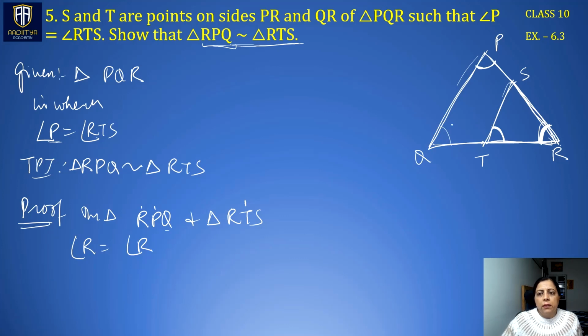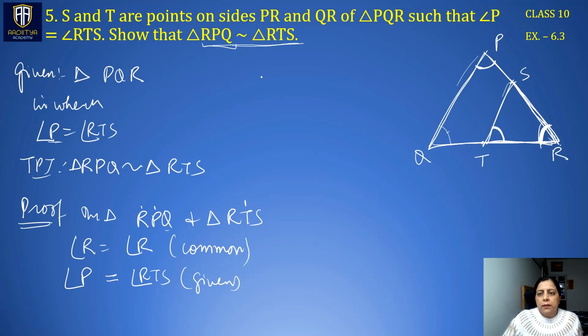We are not given anything about Q and S, so that we cannot say. But even if we are given two equal angles in two triangles, we can say that they are similar. So angle R is equal to angle R, and angle P of triangle PQR is equal to angle RTS. This is given in the question, and this is common.